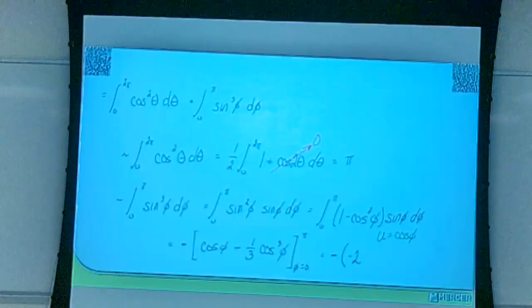Minus cosine of 0 cubed, so that's minus 1 cubed. -1 minus 1 is -2. Times that by -1/3, and that's 4/3. Which means the result is 4 pi over 3.